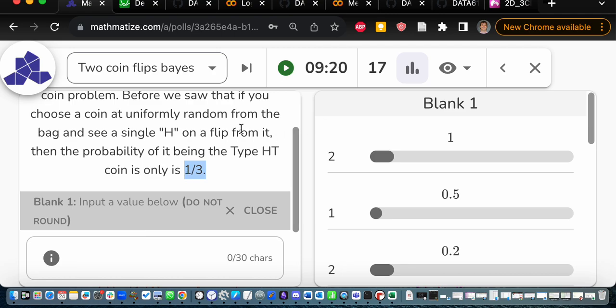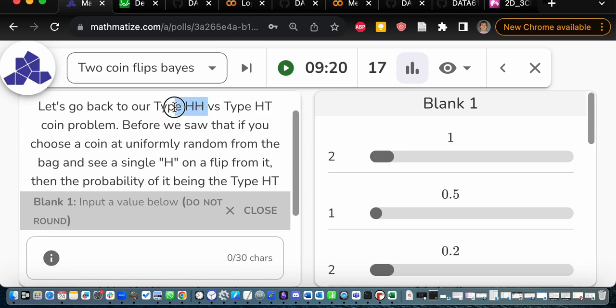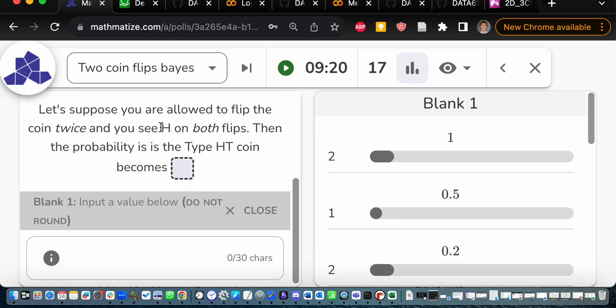The more heads you see, the more evidence you have that it's actually the heads heads coin. The heads heads coin pumps out heads all day long. If you flipped it 100 times and it was all heads, you'd ask: is it the heads tails coin and we got super lucky, or is it just the heads heads coin and it's a typical thing that happens every day? So with 2 flips, the probability should go down. You definitely want to guess something less than 1/3.